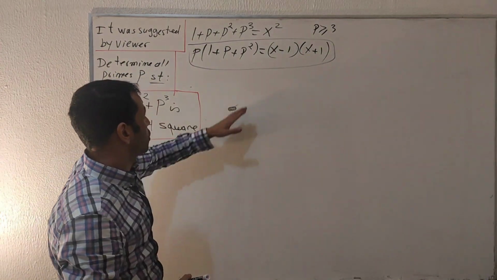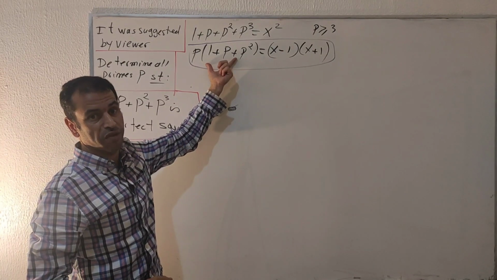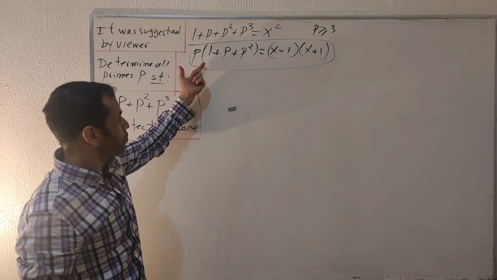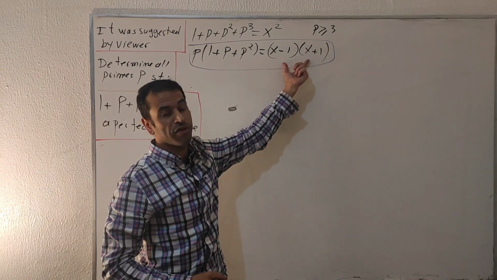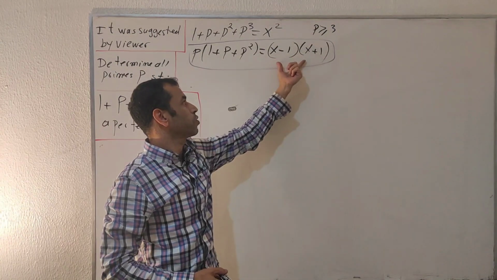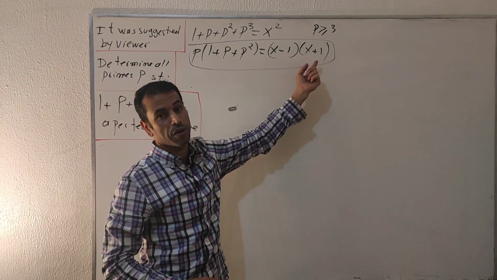Now we'll have two things here. Since p divides the left hand side of this equation, because p is involved in this product, p must divide the right hand side of this equation. But the problem is we don't know which term p divides. We may have p divides x minus 1 or x plus 1.